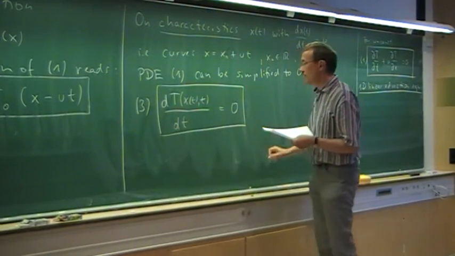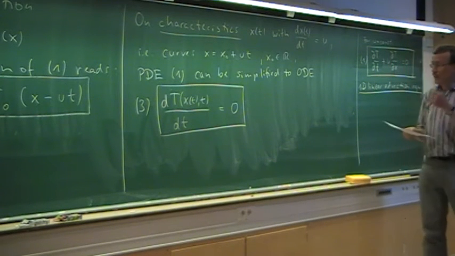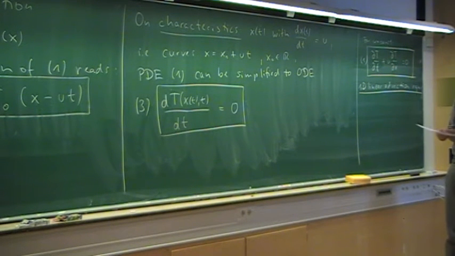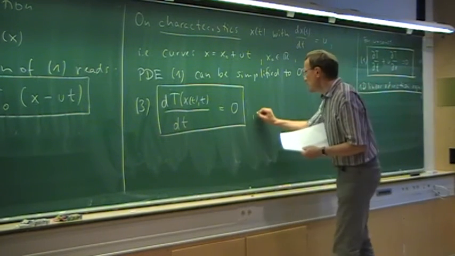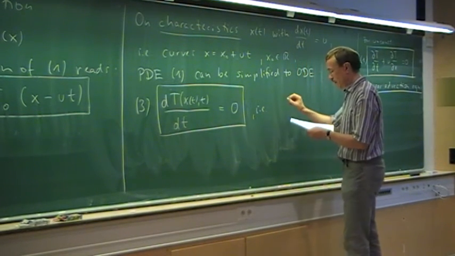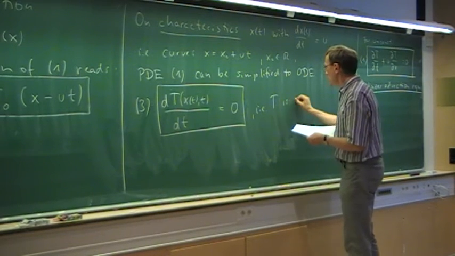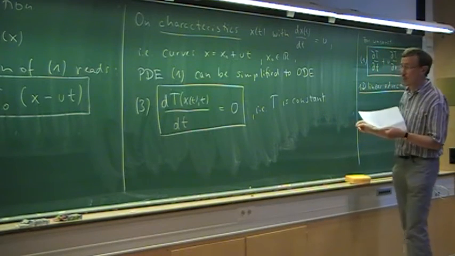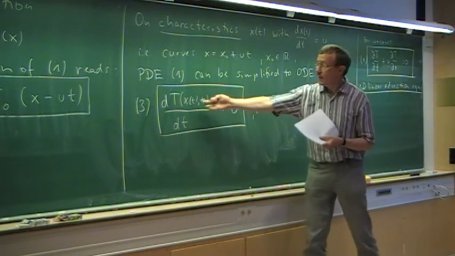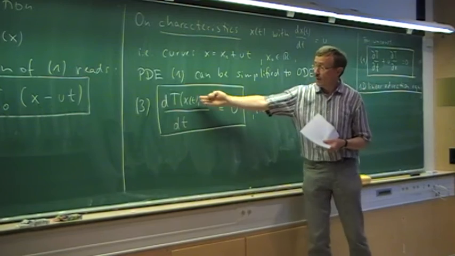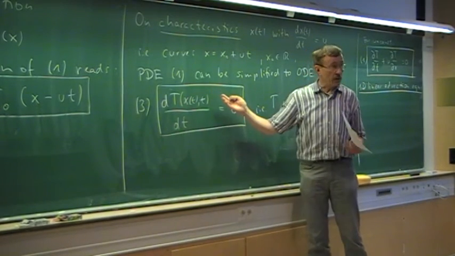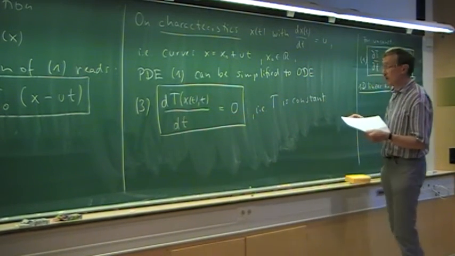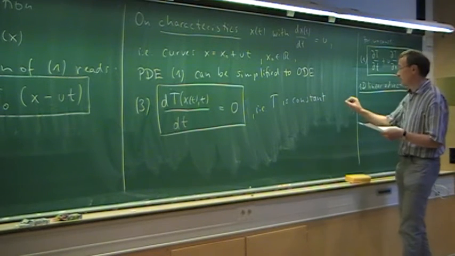So if we have an exact solution and we are on the characteristics, then this is the claim. And that means that the temperature is constant on characteristics, because if we are on such a line defined in this way, it does not change. And that means that the temperature is then constant on characteristics.